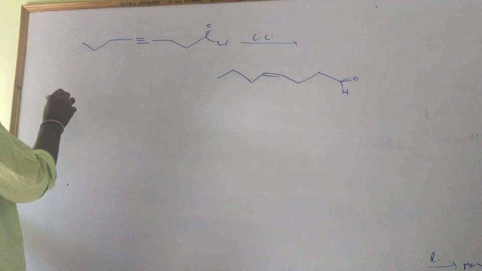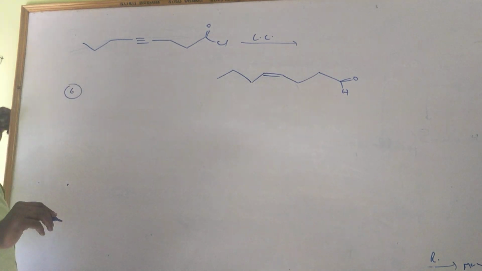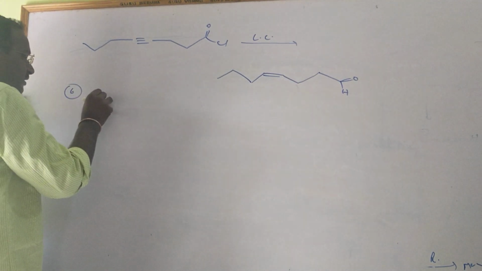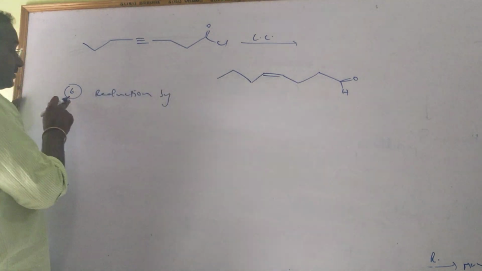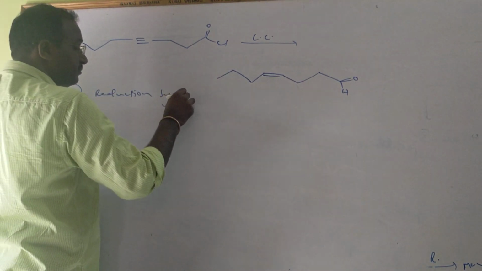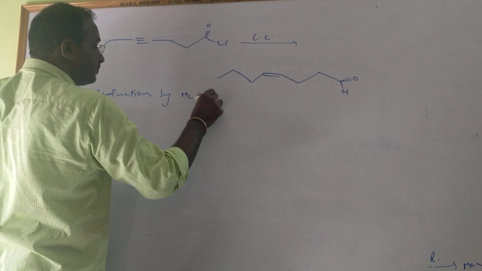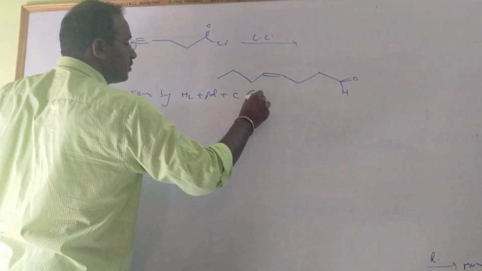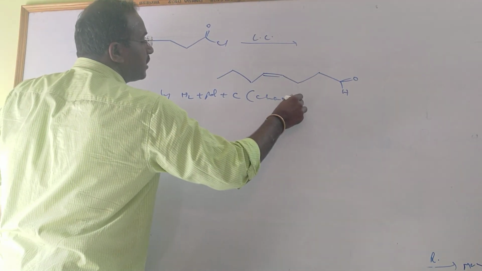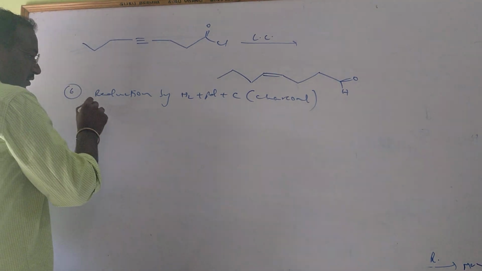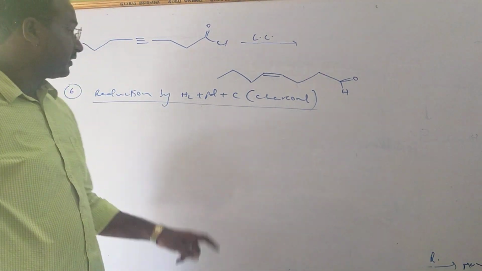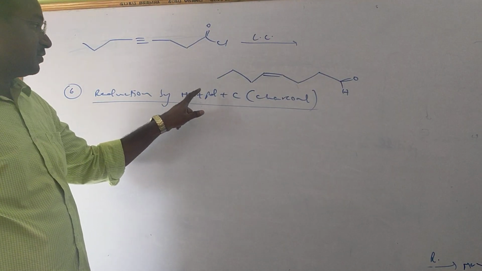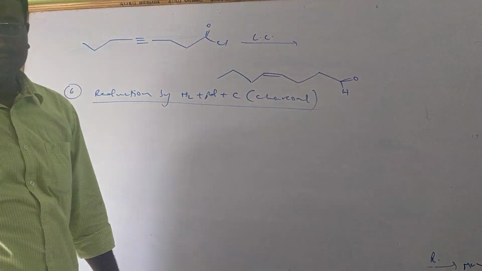Next and last is the sixth reduction, out of 18. Reduction by H2 plus palladium plus carbon, that is charcoal. The reduction takes place by this one. Reduction by hydrogen, palladium, charcoal.